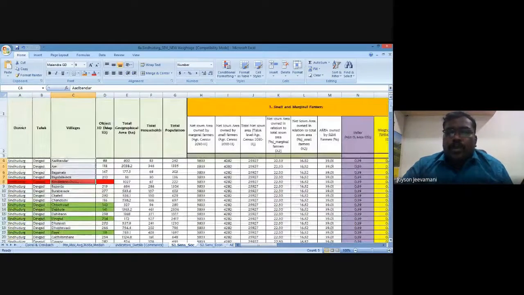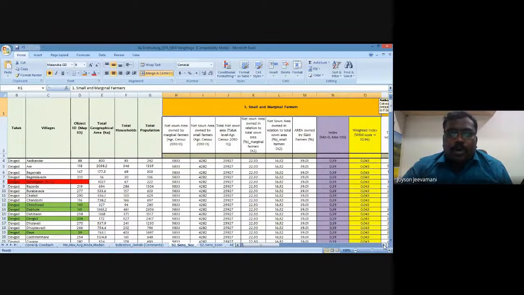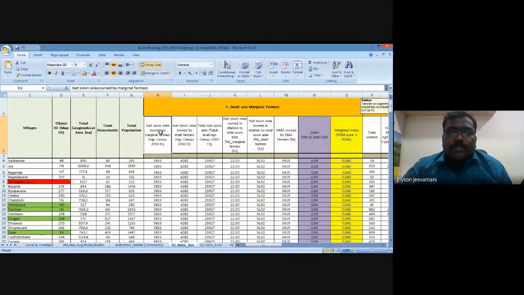So the first indicator is in sensitivity, social. This is the sensitivity index in the social component. As I already told, we have considered the marginal farmers and small farmers, and this is the total net sown area.